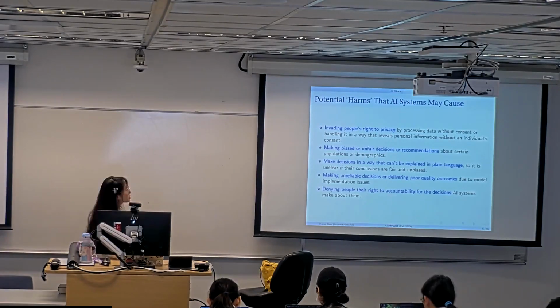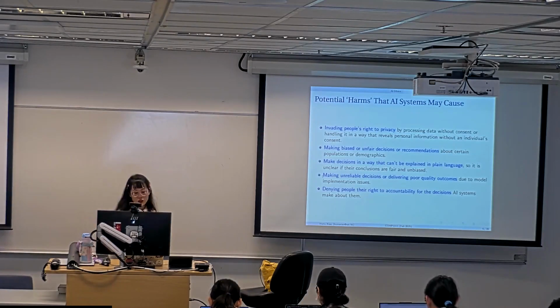Another possible harm is that AI sometimes makes unreliable decisions or delivers poor quality outcomes due to model implementation issues. I think one of the most intuitive examples nowadays is AI hallucinations. When we use generative AI models, they sometimes output severe hallucinations, right?